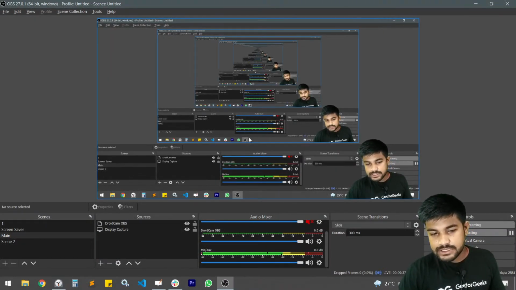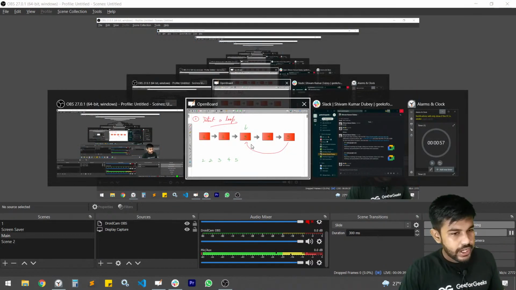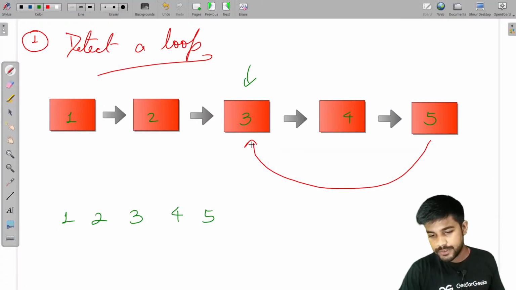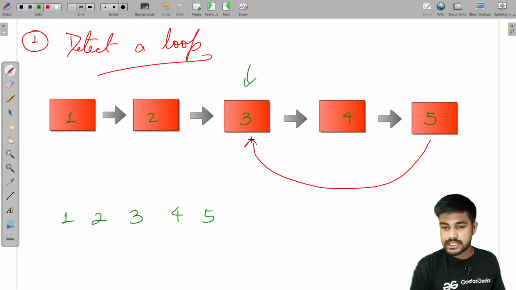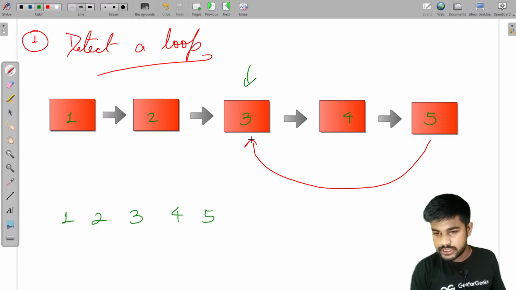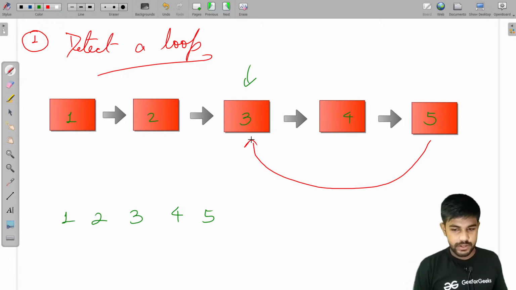Now, it is buffering, but the frame drop is 0. Please check from your end, because just now the stream went off. Please check and confirm. If that is the case with everyone, then I would check again. Okay, it is buffering.